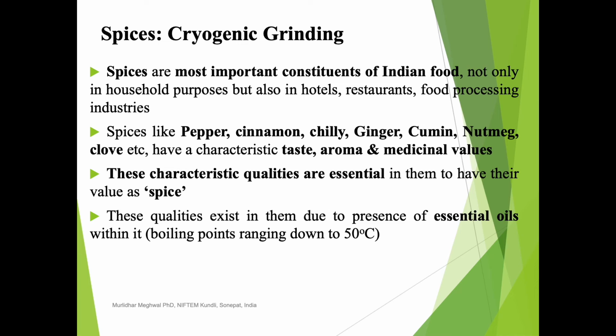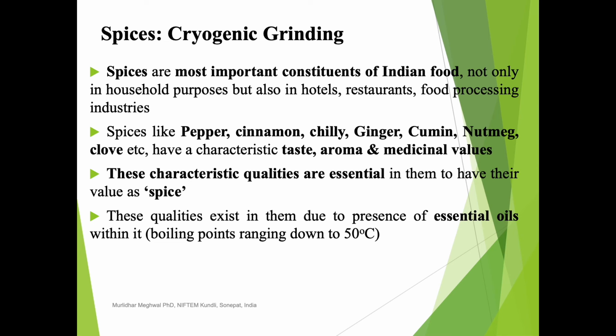In spice grinding, spice is a very important constituent of our Indian foods because we produce a lot of spices in India, and from ancient times we have exported a lot of spices to other countries also. Not only in household food, we also use it in hotels, restaurants and food processing industries.